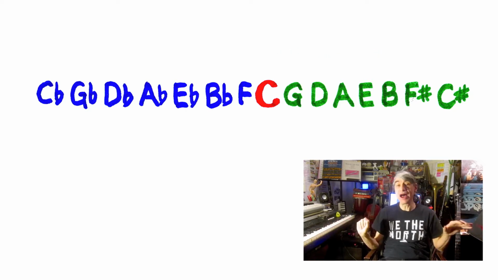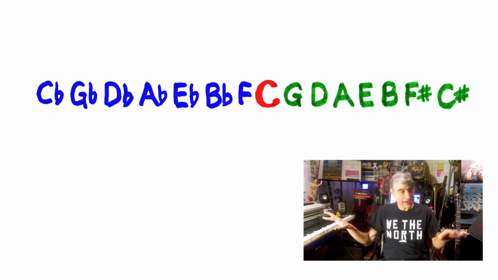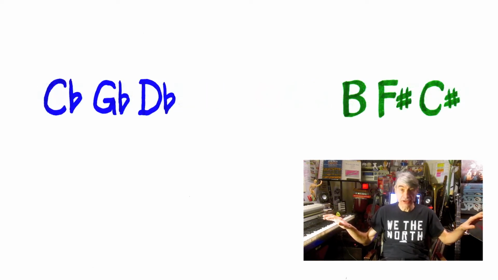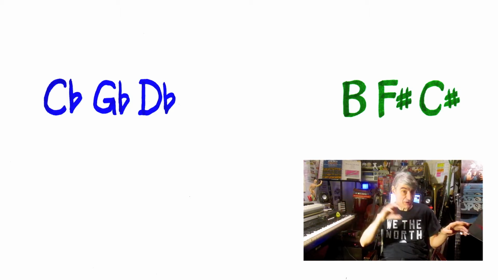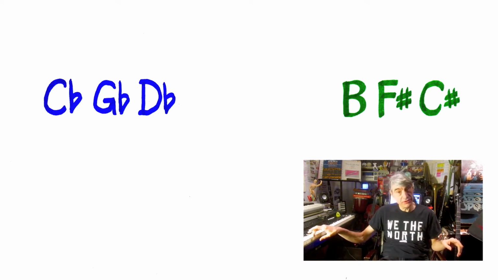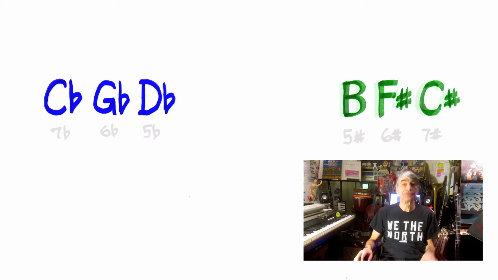Now, the minute you say line is a shape, and you can do all sorts of neat things with a line. So what we're going to do in this instance, and before I do that, I want to point out that at the end of this progression, either end, there are three pairs of enharmonic equivalents. The key of C flat is the enharmonic equivalent of B major. They both would start on that same key.